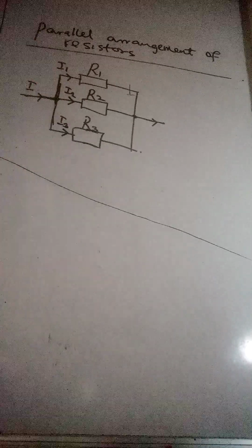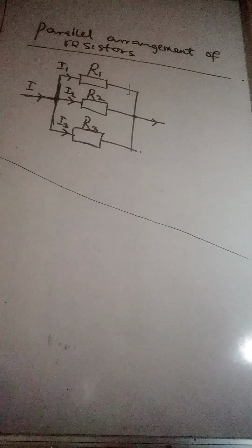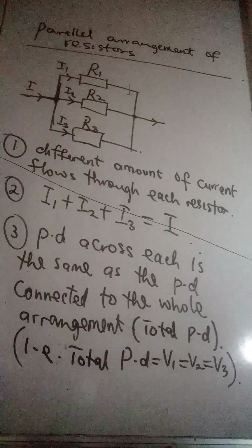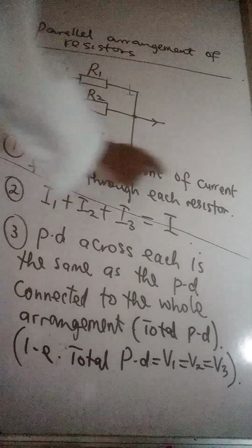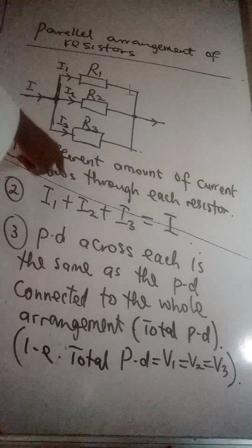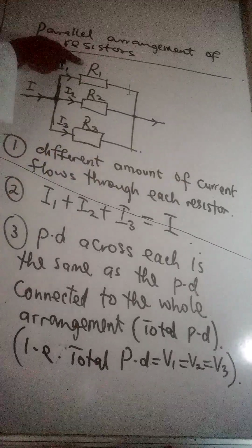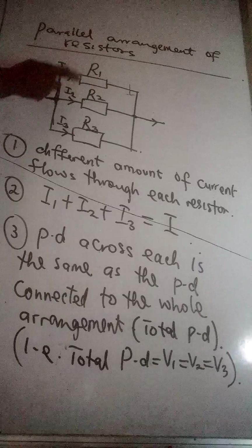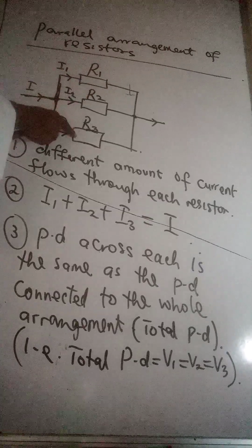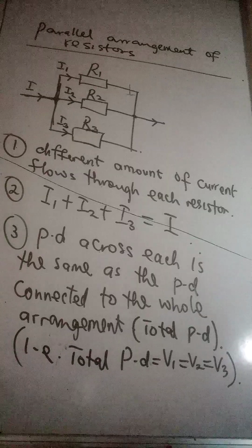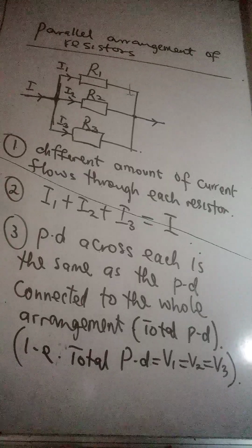So now, what does this mean? This means that, first one, a different amount of current flows through each resistor. That means the current that flows through resistor 1 is not the same thing as the one that will flow through resistor 2, and it's not the same as the one that will flow through resistor 3. So each of them allows a different amount of current to pass through it.